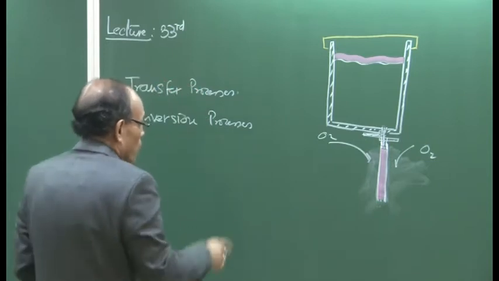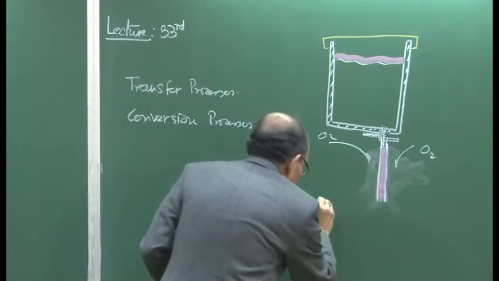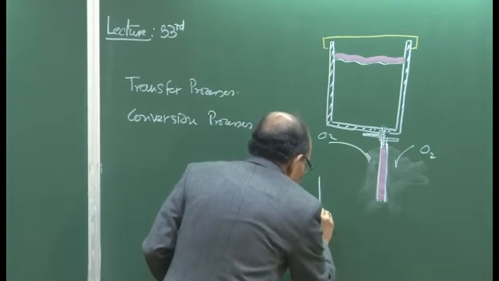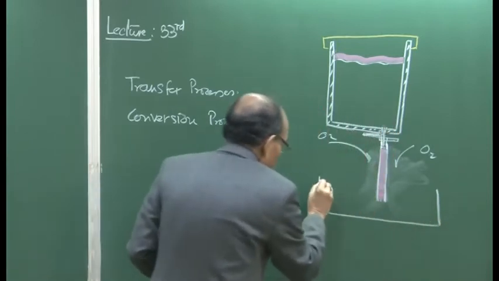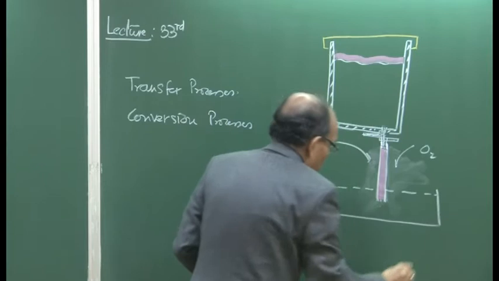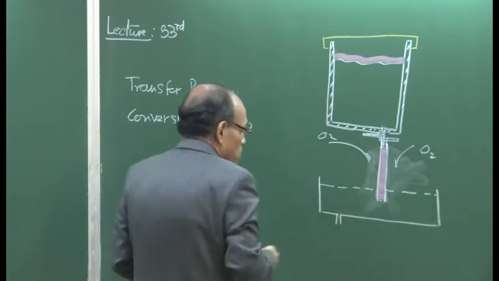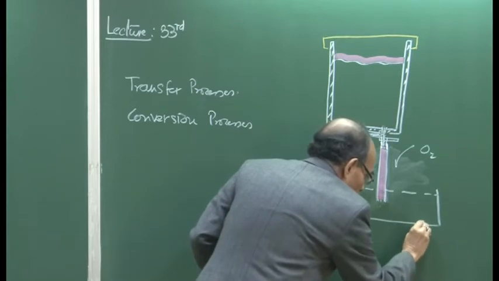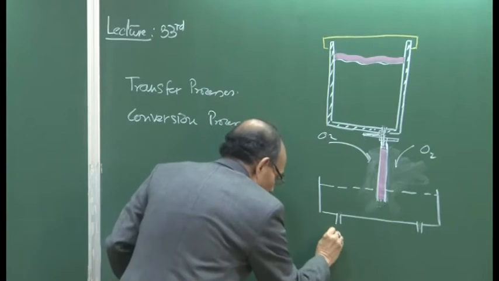So, the metal is going to a tundish, for example, and this you can regard as a buffer vessel which allows us to distribute molten metal into many molds which are downstream, and this we will discuss.